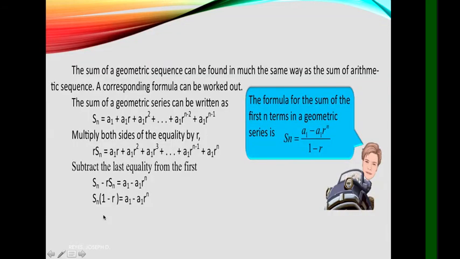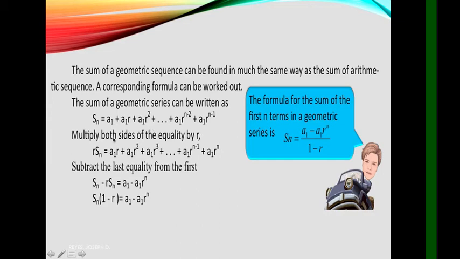The sum of the geometric sequence can be found in much the same way as the sum of the arithmetic sequence. A corresponding formula can be worked out. So the formula for the sum of the nth term in the geometric series is Sn equals a sub 1 minus a sub 1 r raised to n over 1 minus r. The sum of a geometric series can be written out, but it is too long.